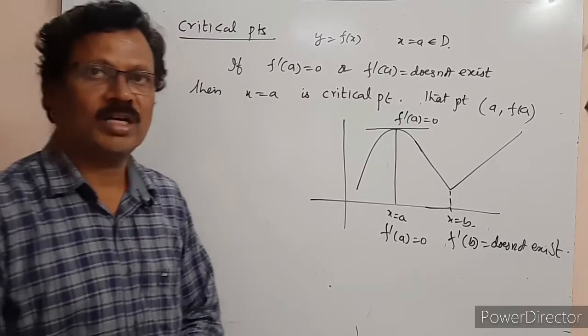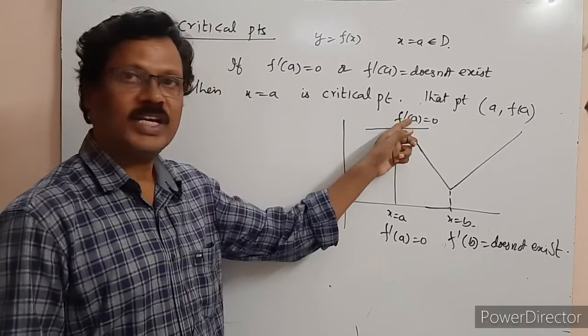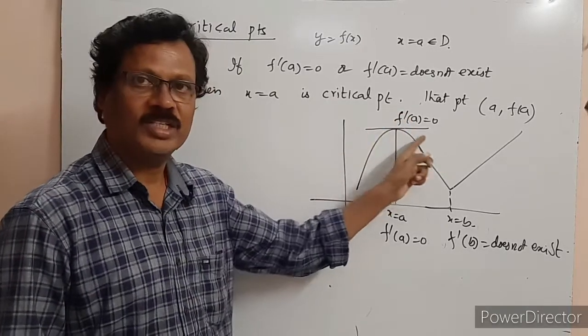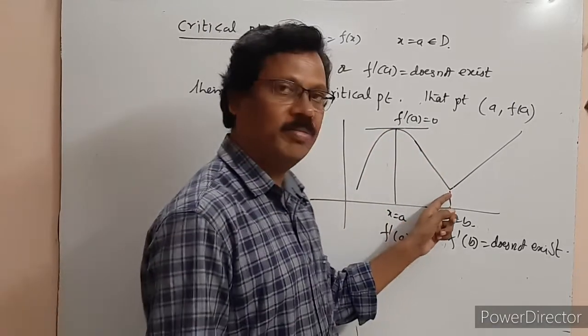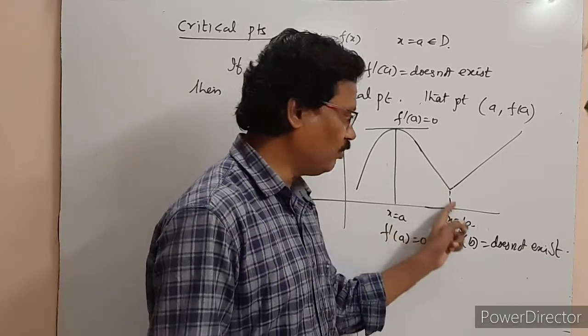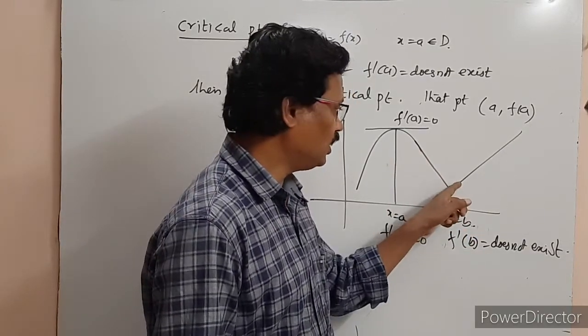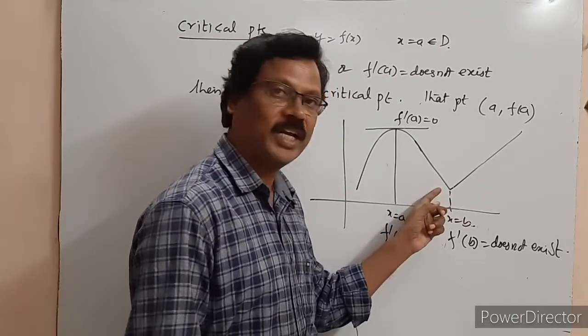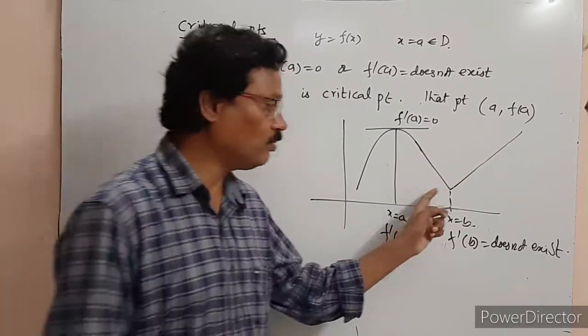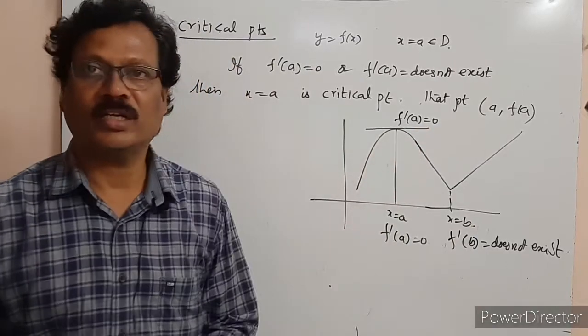Critical point is also called turning point. f dash sign changes from plus to minus here. At x equal to b, just less than b the tangent slope is minus. Just more than b the tangent slope is plus. Right, f dash b sign changes from minus to plus here, plus to minus there.